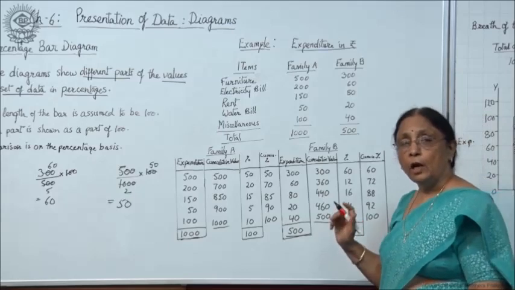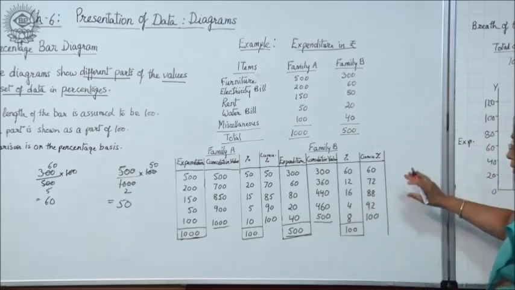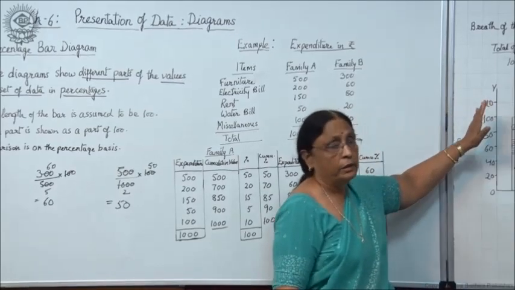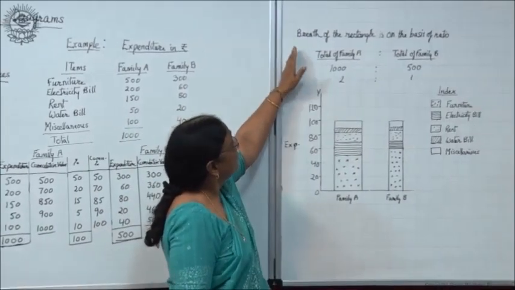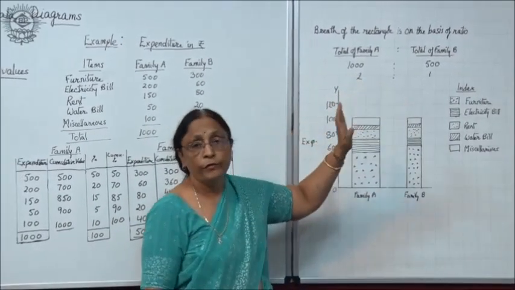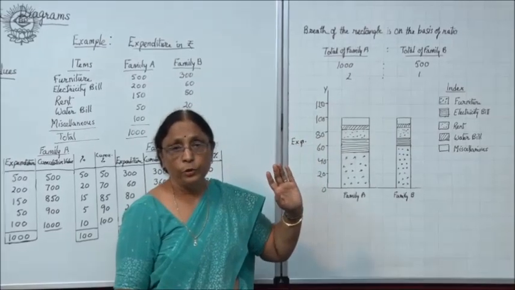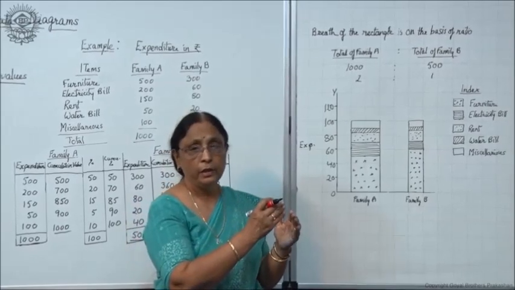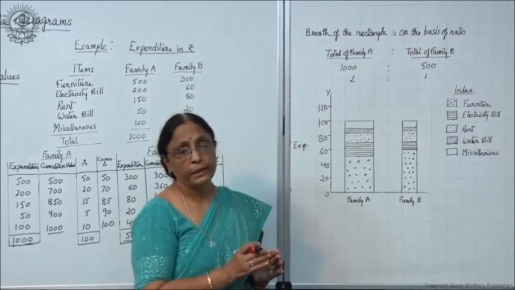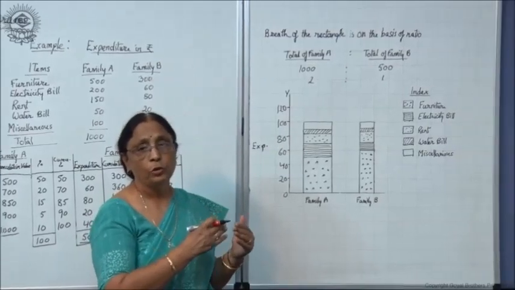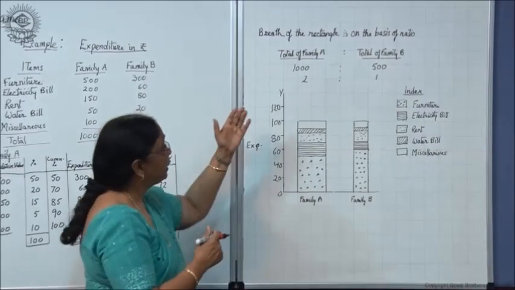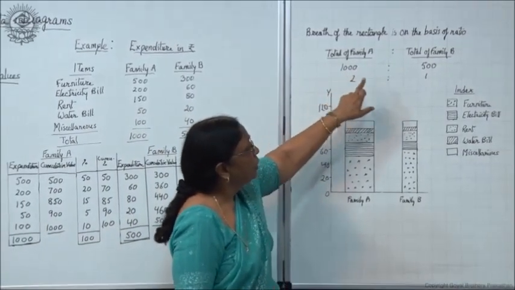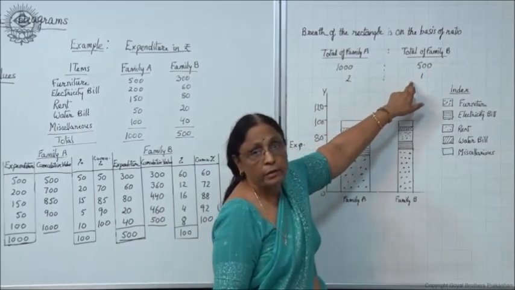Now let us see how the graph is plotted on the basis of percentage. Now we will move to this part where we have taken the graph. Remember, the breadth of the rectangle is on the basis of ratio. As I told you, in the case of percentage bar diagram, length will always be 100, but breadth may not be the same. It depends upon the ratio of different values. Here in this case, total of family A expenditure is 1000 rupees, total of family B is 500.